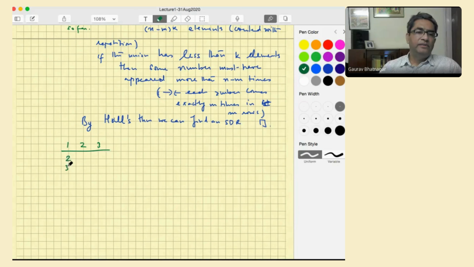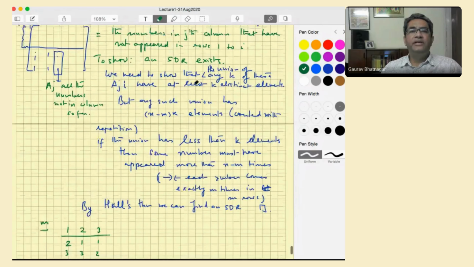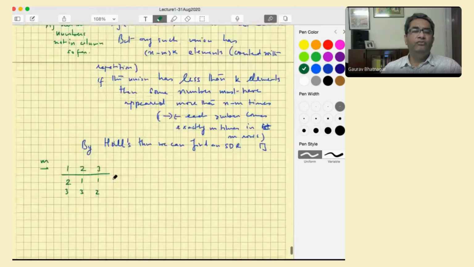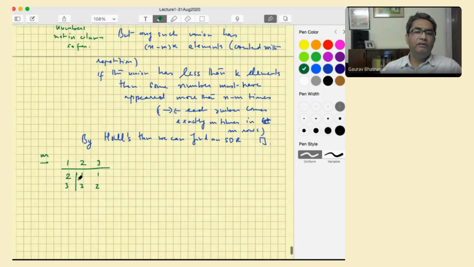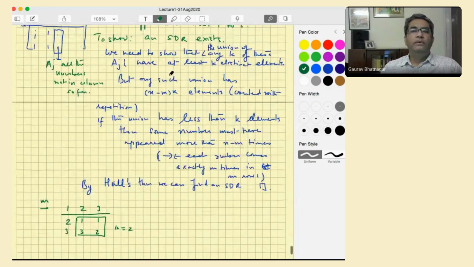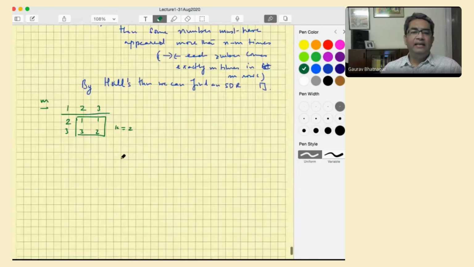So this is 2, 3. This is 1, 3. This is 1, 2. So this is m, and this is n. Now what this statement says is we need to show that the union of any k of these, let's say k is equal to 2, has at least k distinct elements.